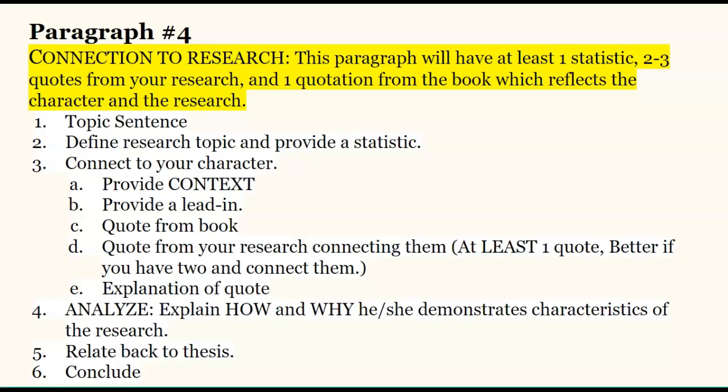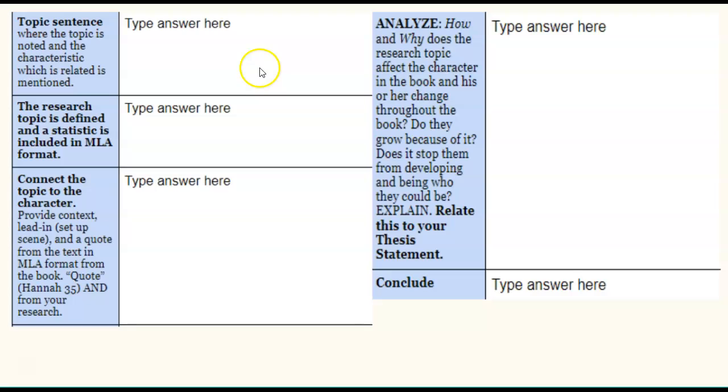After each quote, there will be an explanation and analysis. How and why does this demonstrate the characteristics of your research? Relate it back to your thesis all of the time and conclude. These are the parts that you'll have. So you'll have your topic sentence, you'll describe your research and include MLA format and your statistic.